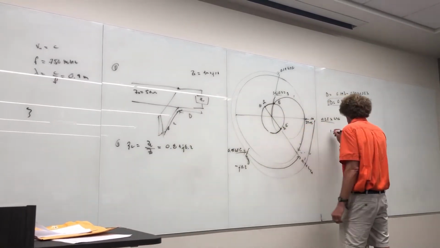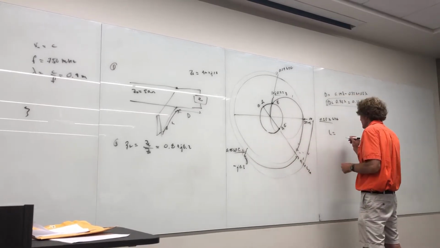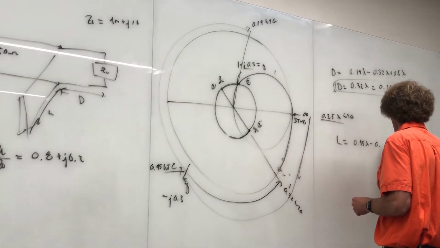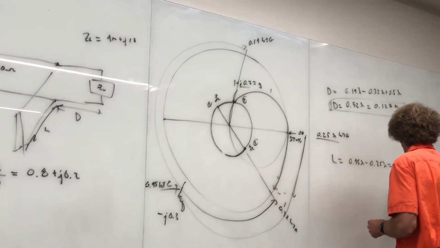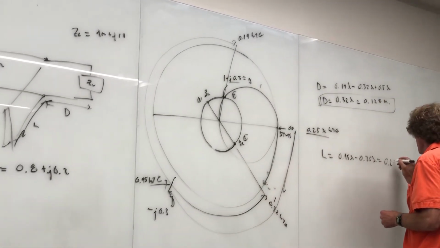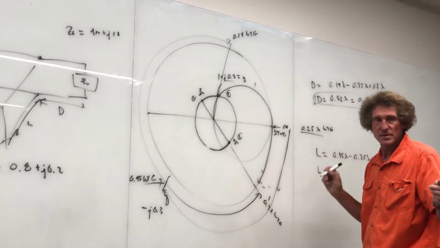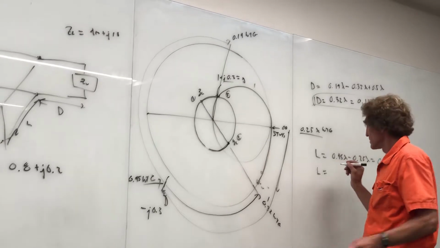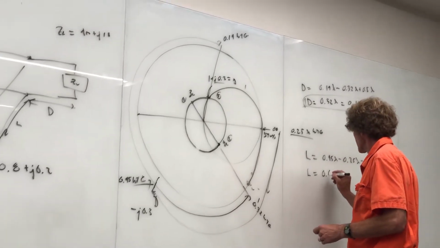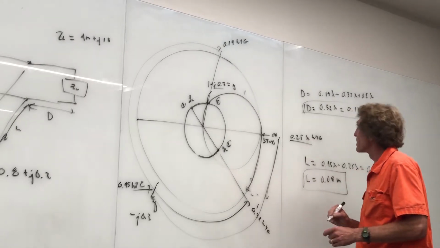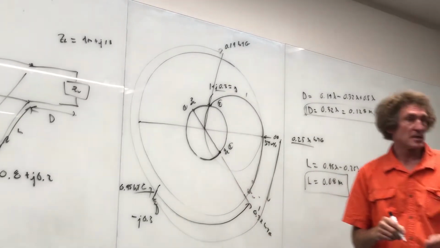So for L, it would be 0.45 lambda minus 0.25 lambda, or 0.2 lambda, and L comes out to about 0.08 meters. Those are the two values, and that's how you do it.